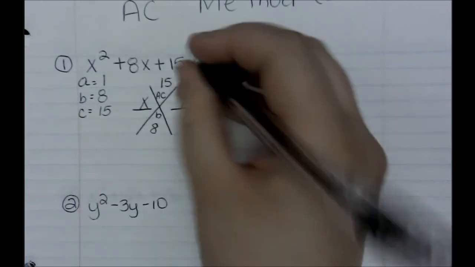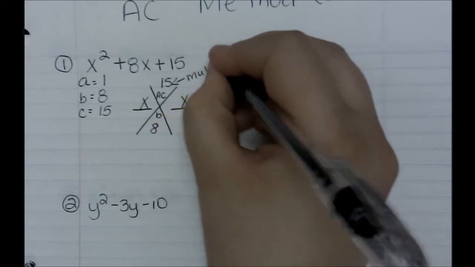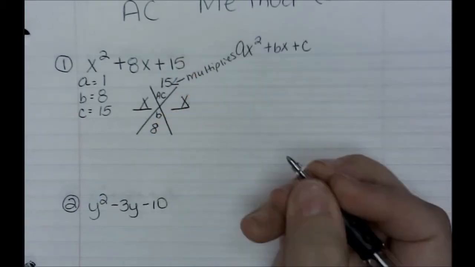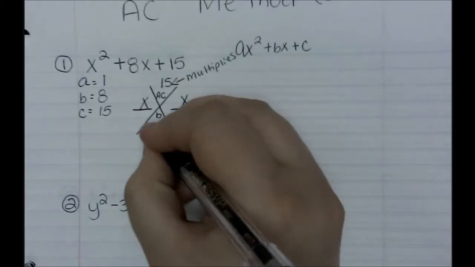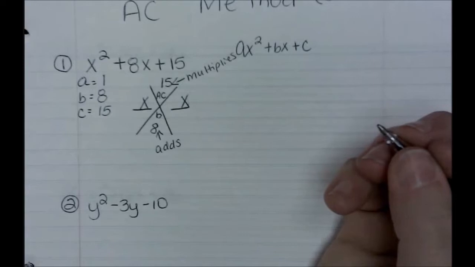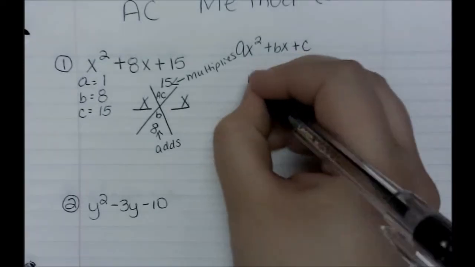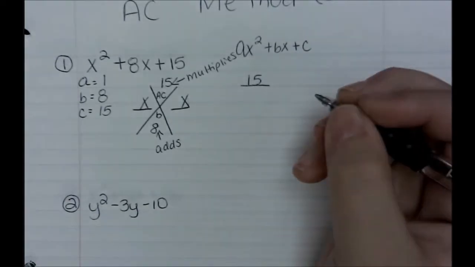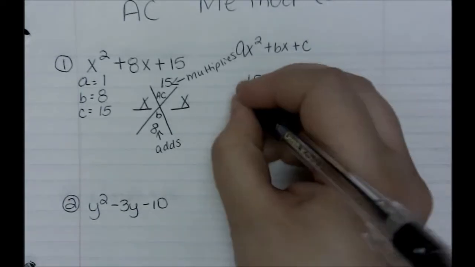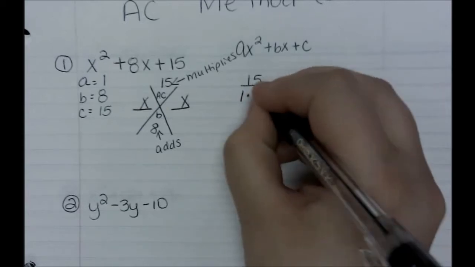So we want to find out what multiplies to give you that 15 and adds to give you that 8. So I'm going to write out the factors of 15. And by factors, those are what multiply to give you 15. So 1 is always a factor. 1 times 15 is 15.